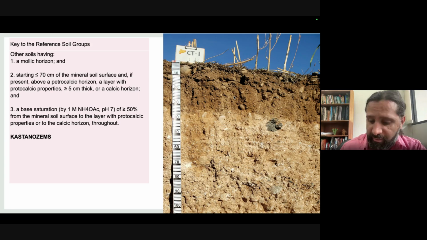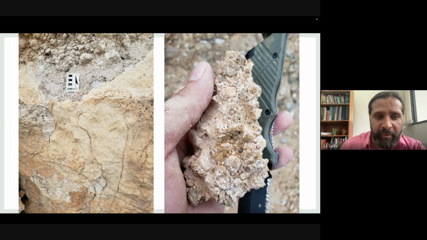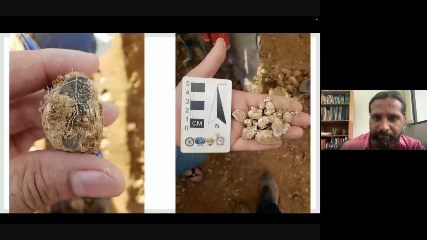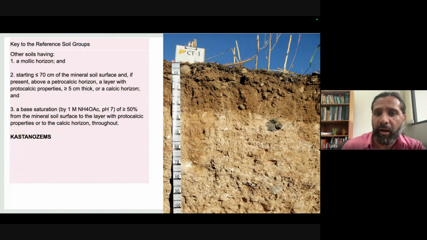So the thickest, the darkest, and the richest in organic carbon is above petrocalcic, protocalcic, or calcic horizons. Here, less dark, less thick, less strong, above petrocalcic, protocalcic, or calcic horizon.